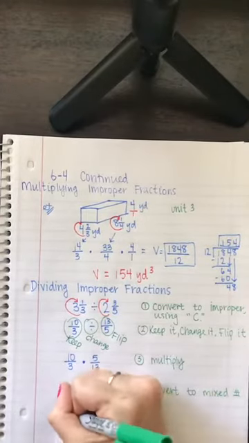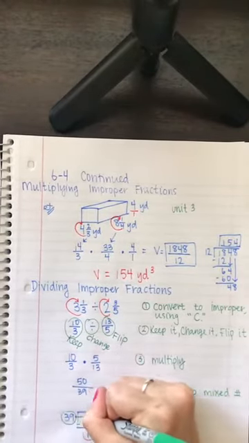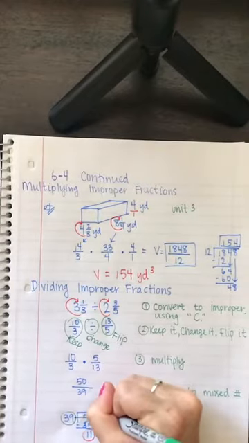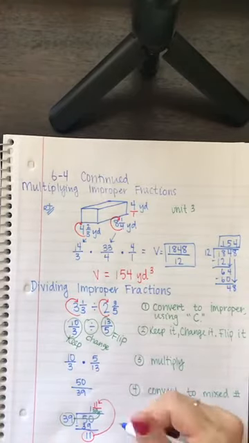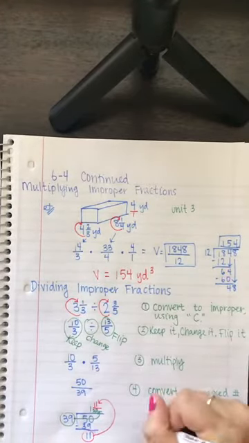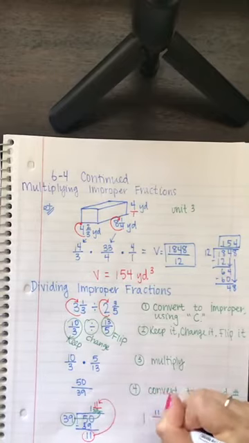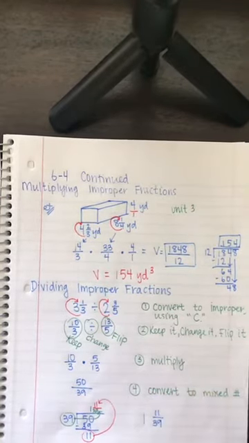And our original denominator that we have stays as the denominator. All right, if you need more examples of that, go back to your notes in Unit 3. So my answer is 1 and 11/39.